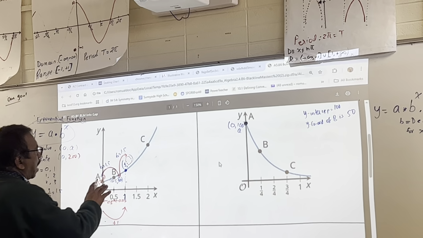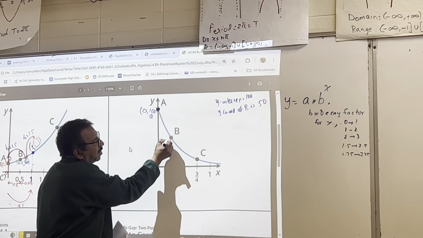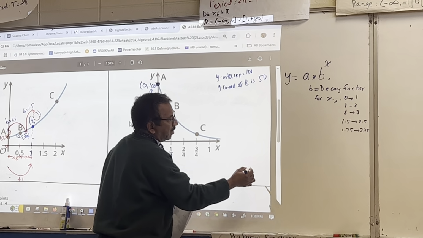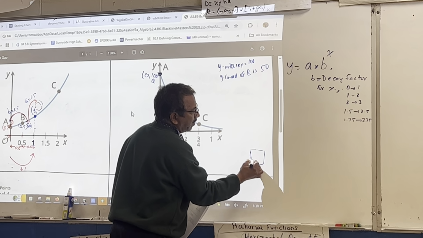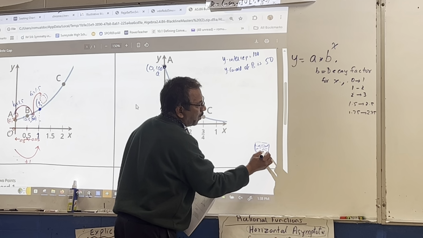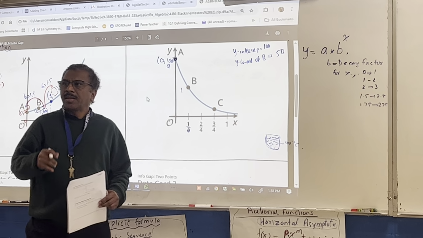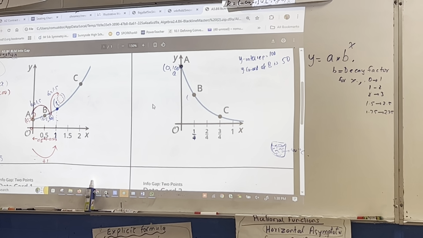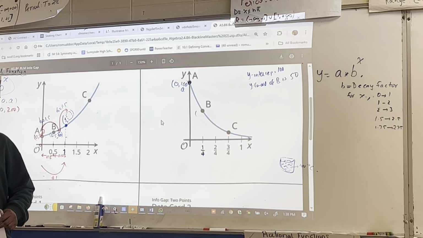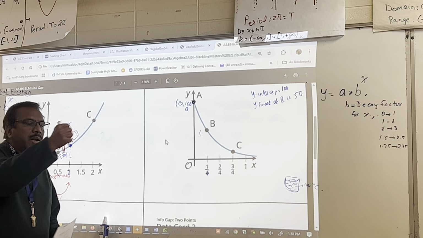Yeah. Now, the second one says the y coordinate of b is 50, that means this is 50. So when it is 1/4, think of a situation that there is a cup of water here, and you boil it, and you know when you boil, it boils at 100 degrees Celsius. So you boil the water, then keep it out on the table.